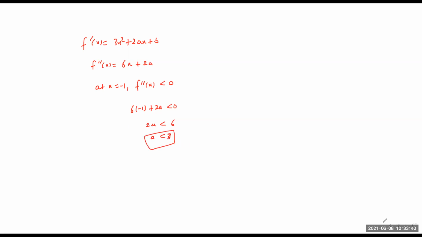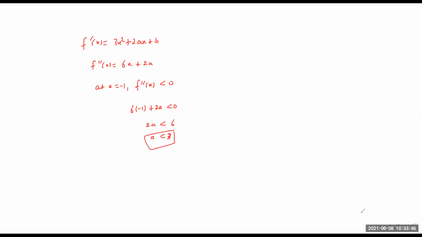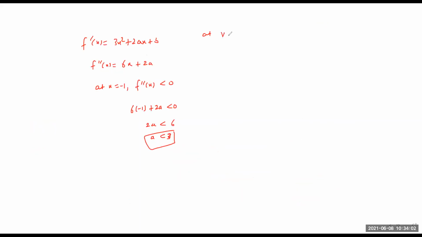So a should be less than 3, and what we are getting is a equals minus 3. Yeah, that satisfies the condition. So we are sure that this is correct. At 3, we have minimum. At x equals 3, the second derivative is positive.